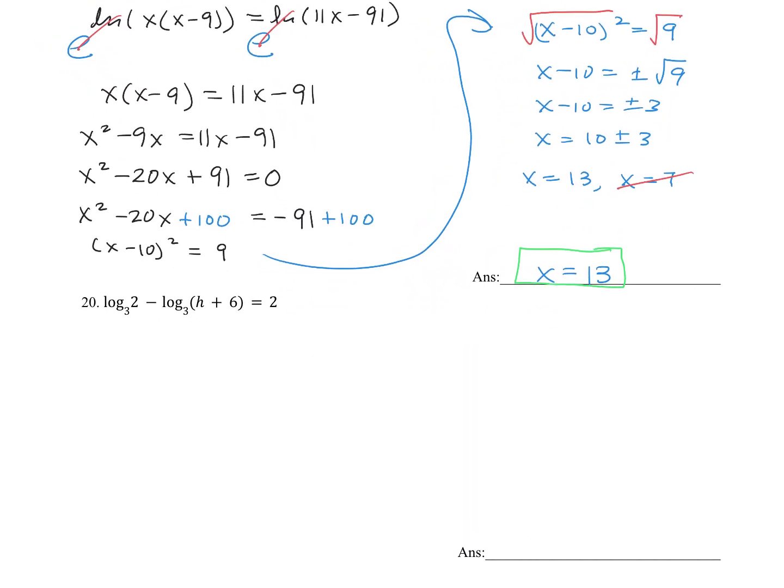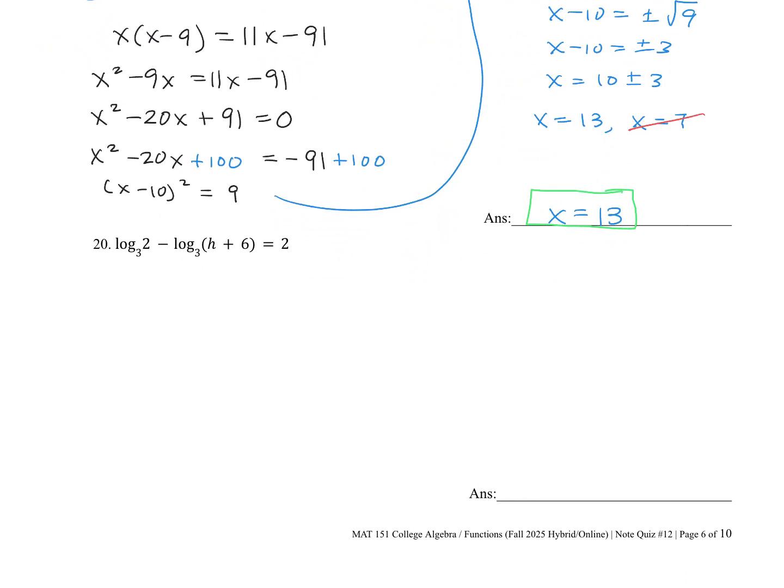All right, so move on to the next log problem on this page, and that's going to be with subtraction. If you think back to the beginning of the note quiz, subtraction of logarithms turns into division. So I'm going to first rewrite this as log base 3 of 2 divided by h plus 6. And that still equals 2. Now again, I want to cancel out my logarithms.